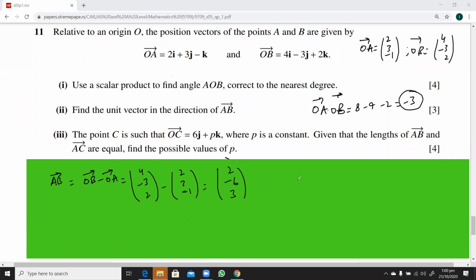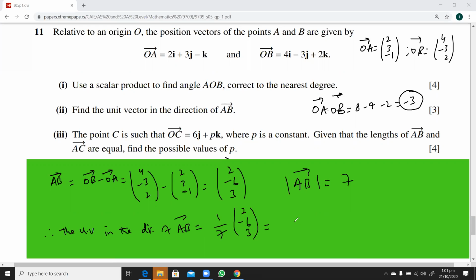Okay. Look at this, a typical vector. Can you tell me without the working what is the magnitude of AB? 7. Okay, because 2 squared plus 6 squared plus 3 squared is 49, and the square root of 49 is going to be 7. So therefore the unit vector in the direction of AB is 1 over 7 times (2, -6, 3).